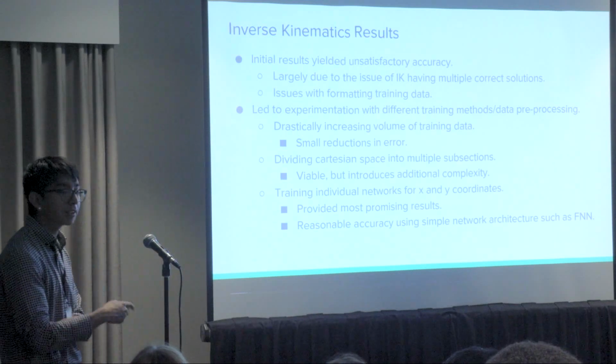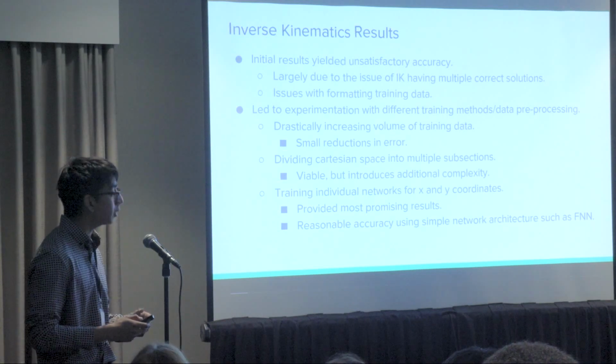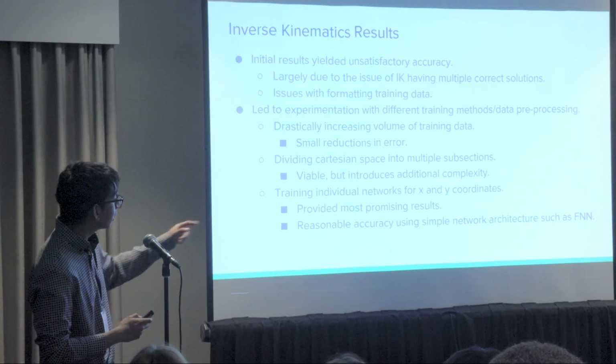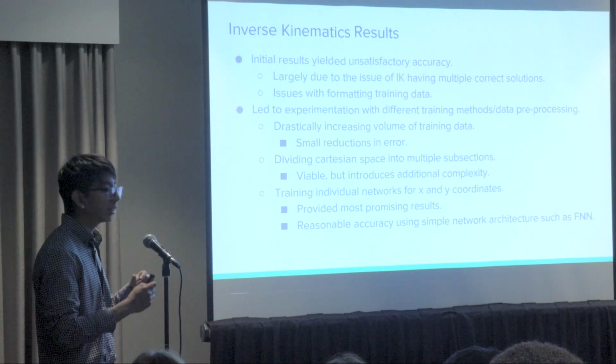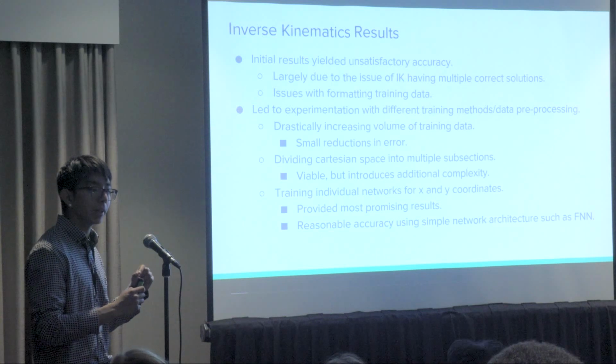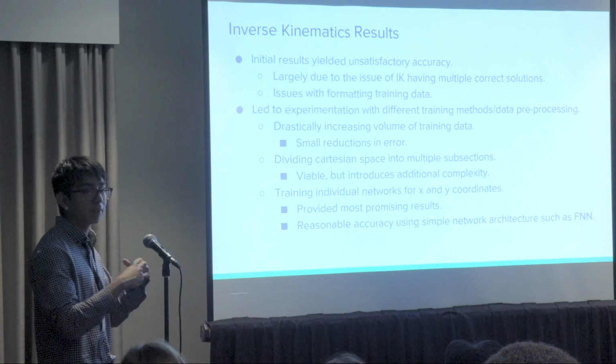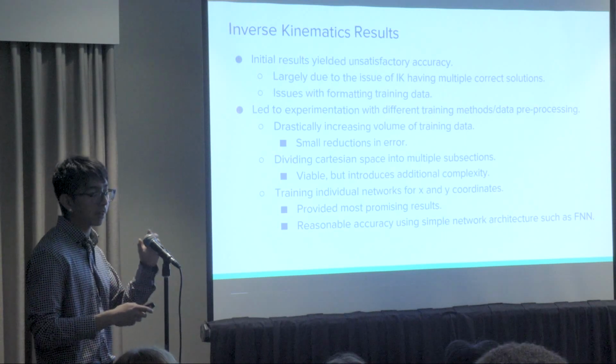So we experimented with some different methods to help the network. The most successful result was training individual networks for the X and Y coordinates, giving multiple networks for each position, which had the best accuracy.